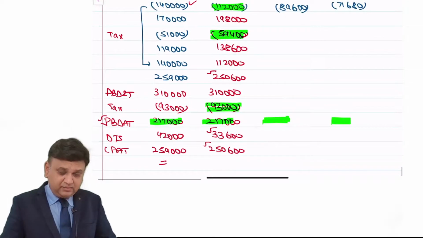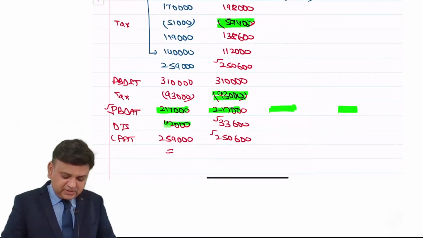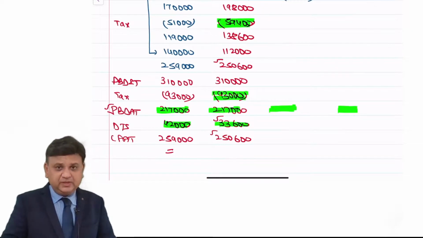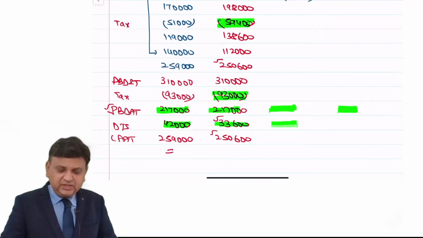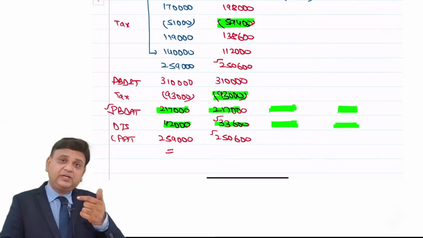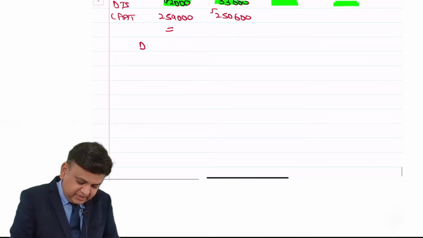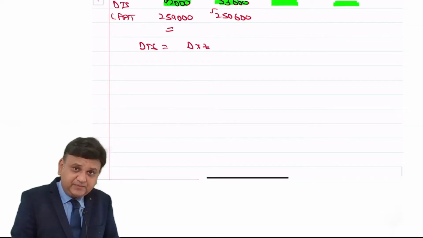Okay, now listen carefully. Depreciation tax saving for the first year is 42,000, second year it would be 33,600, third year it would be some value, fourth year it would be some value. And then it is supposed to be discounted in present value terms to calculate NPV. So depreciation tax shelter is equal to depreciation into tax rate.